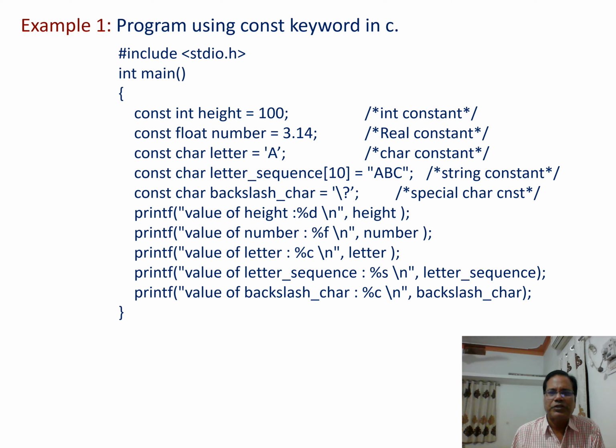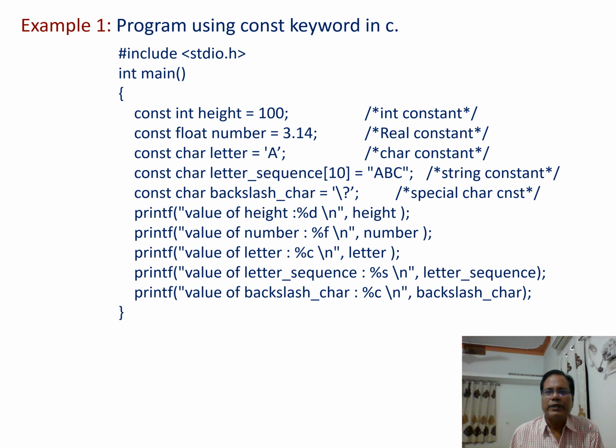So it is a string constant. The next one is the special character constant, const char backslash_character, which is the name of the constant, assigned the value backslash question mark. This is just used to put the question mark symbol.